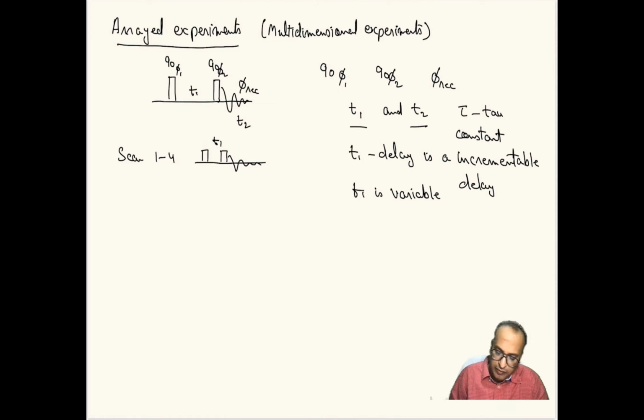Then scans 5 to 8, because this is phase cycling, scans 1 to 4 are the first phase cycle, then scans 5 to 8 are the second phase cycle. So now I increase T1, which is represented with increased spacing between the two pulses, so T1 plus delta T, right?